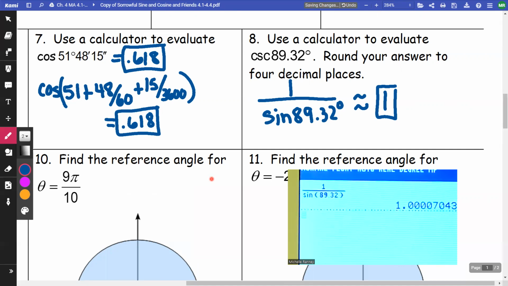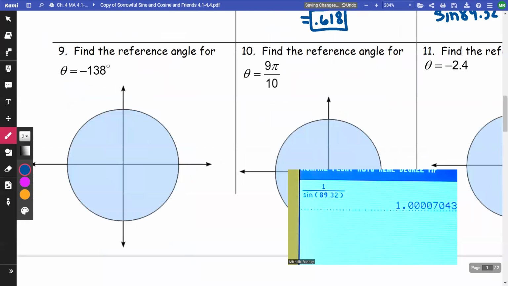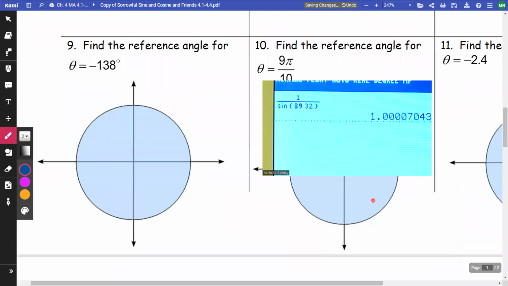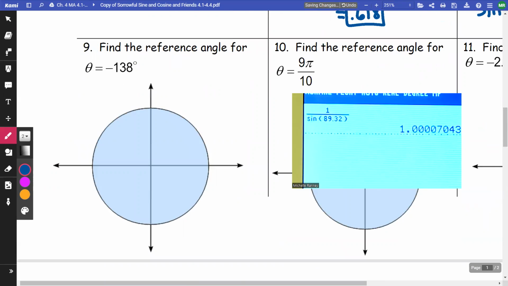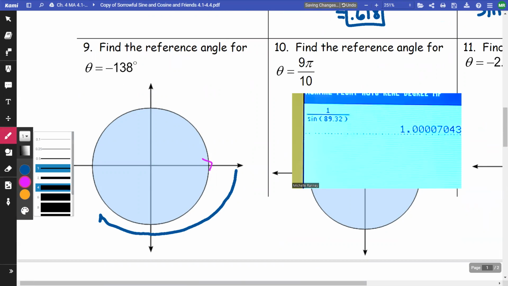Okay. So on number 9, for this, we want to find a reference angle. So when I'm going negative, I'm going negative this way. So this is going to be negative 90, and I'm going to be somewhere in here. Let me make this a little fatter.